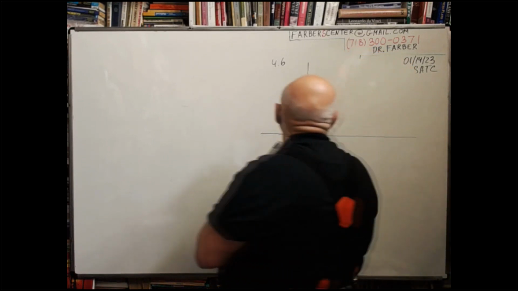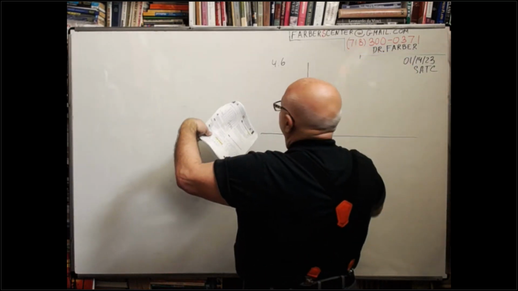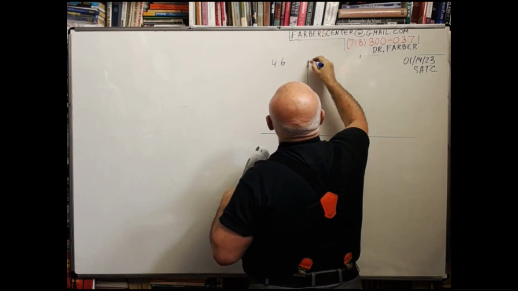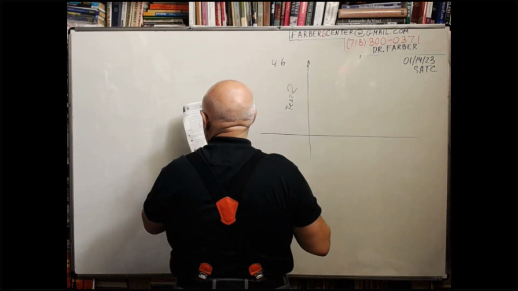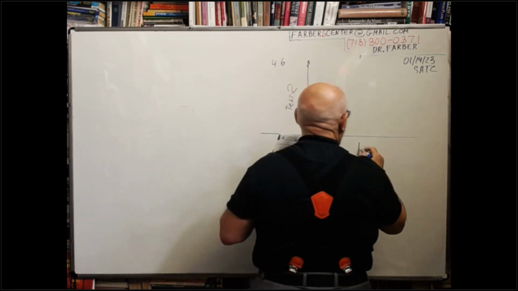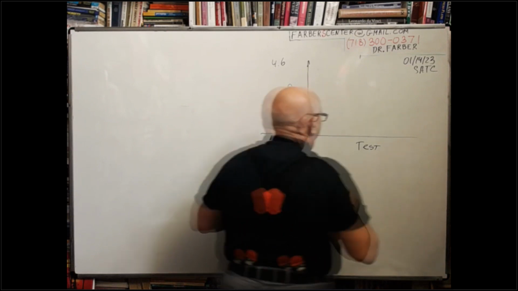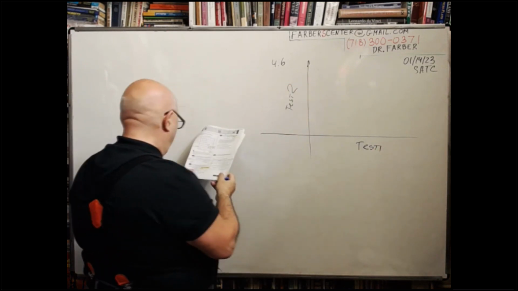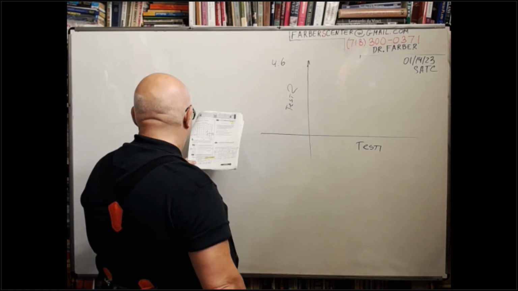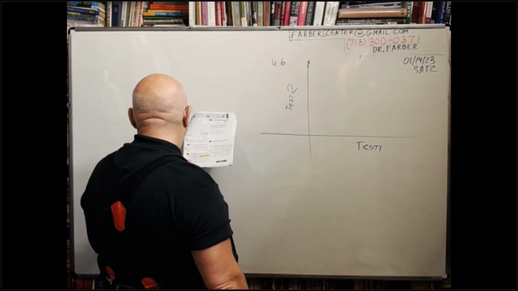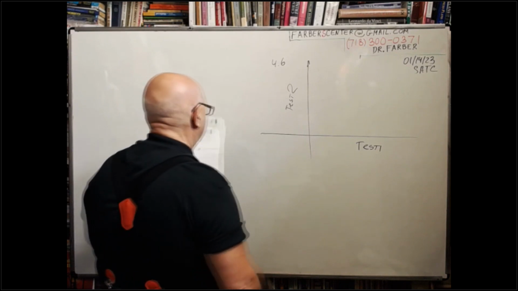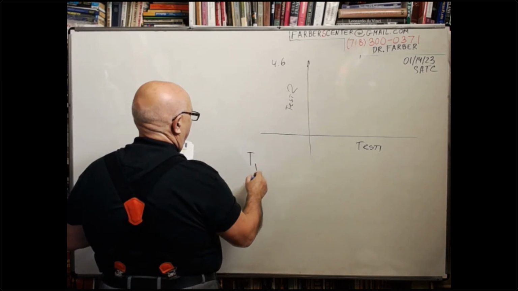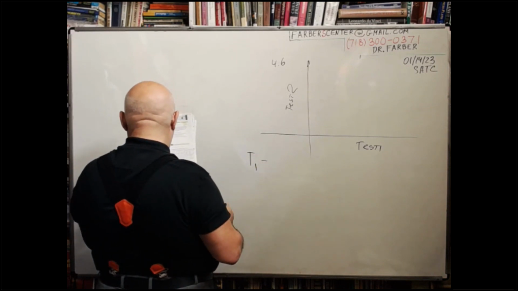So that's why step number 1, what is it? This is test 2, this is crucial. And this is test 1. And now read the question. 6. Which of the following provides the greatest change in score between test 1 and test 2?